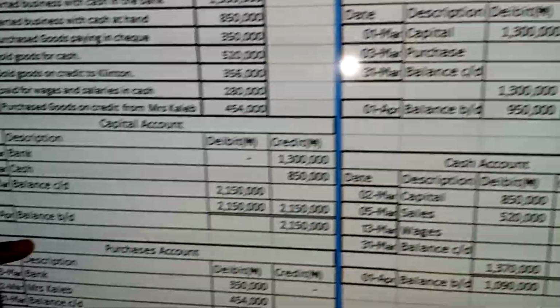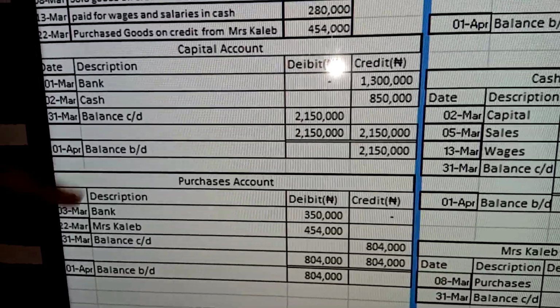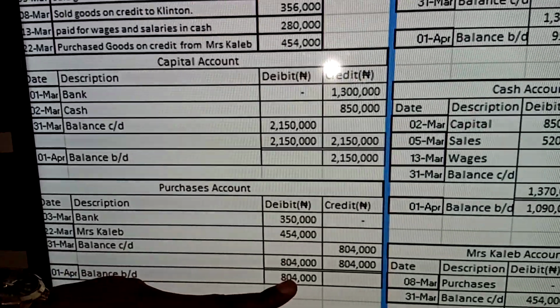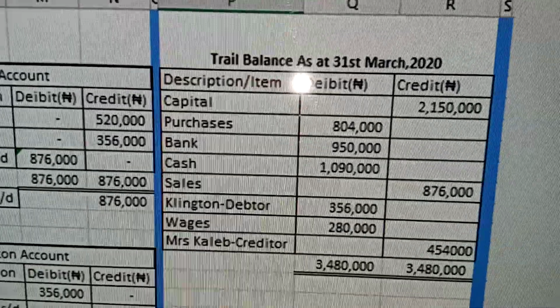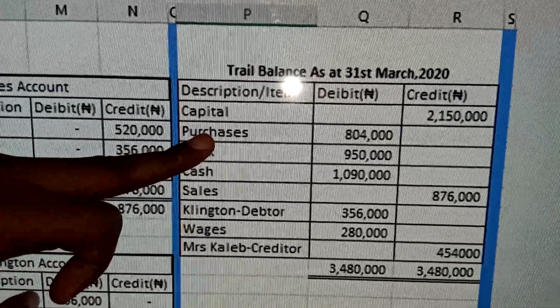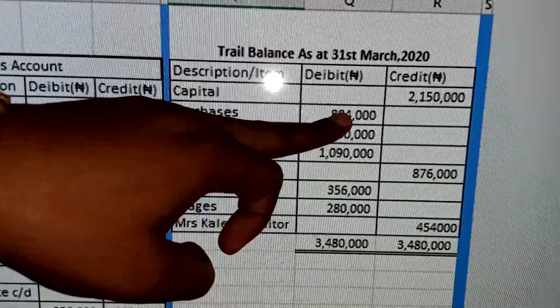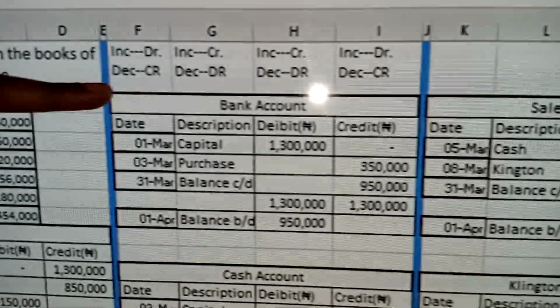Here we have purchases. The identified balance here, that's the balance brought down, is in the debit side, 804,000. It means that purchases will appear in the debit side of the trial balance. So we have purchases, 804,000. Let's go to the bank account here. It has another ledger here.